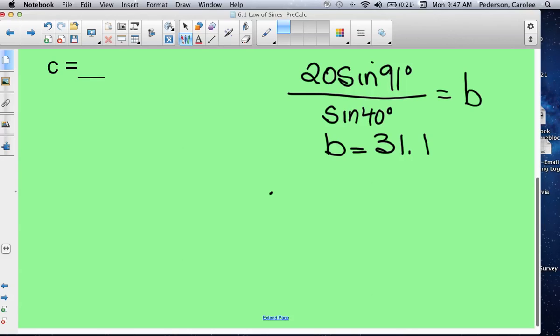Okay. I think we're going to skip finding side C, but if you were, you would continue and use the law of sines again. Why can you not use the Pythagorean theorem? It's not a right triangle.